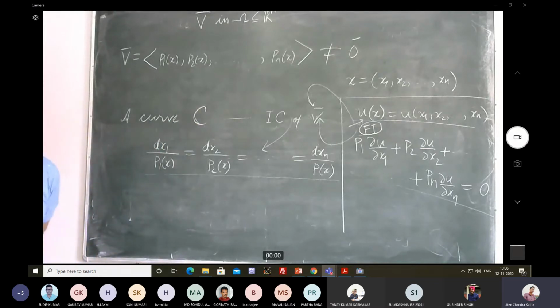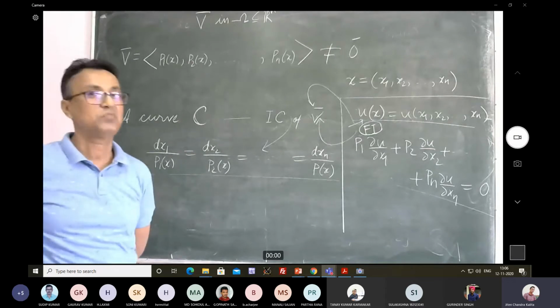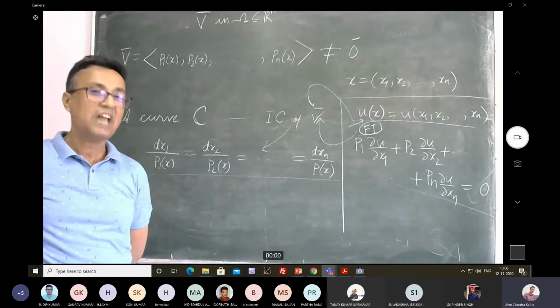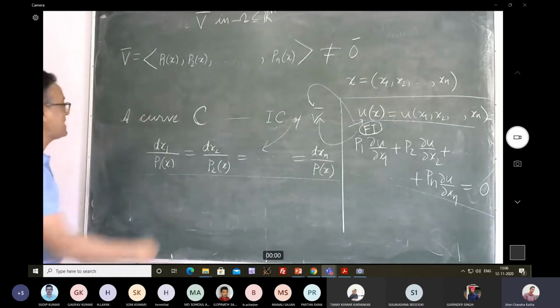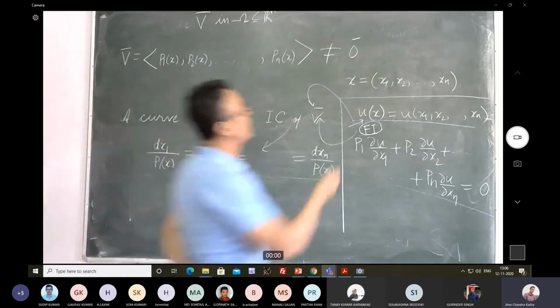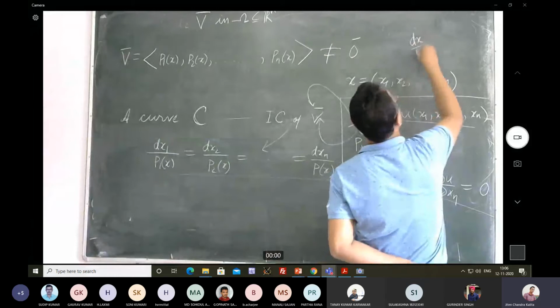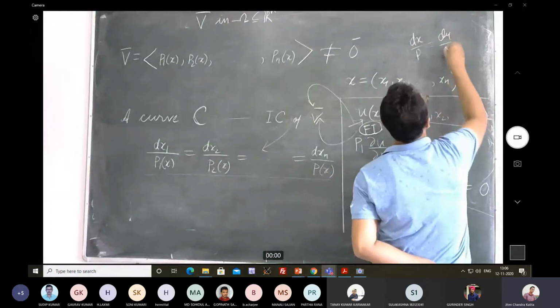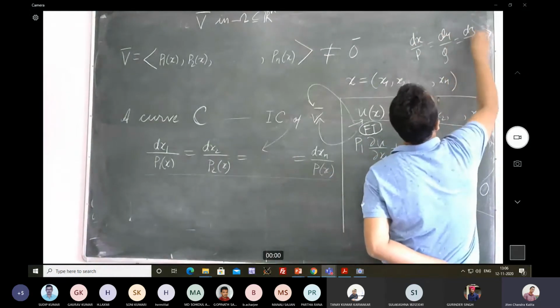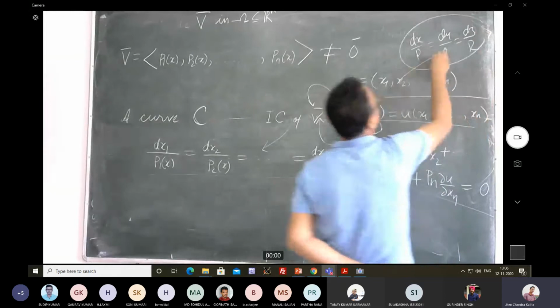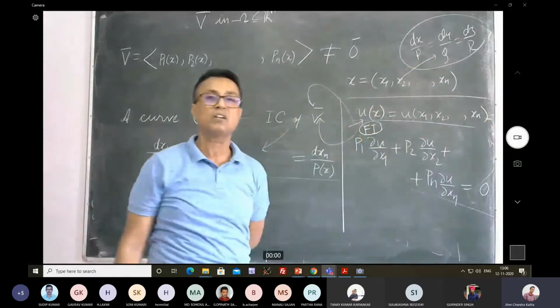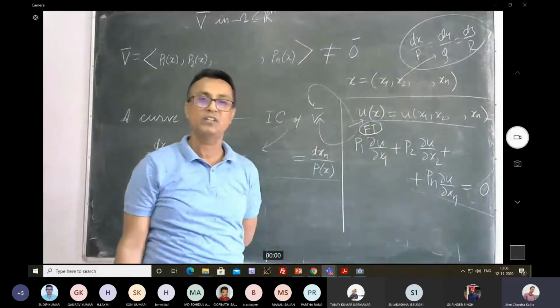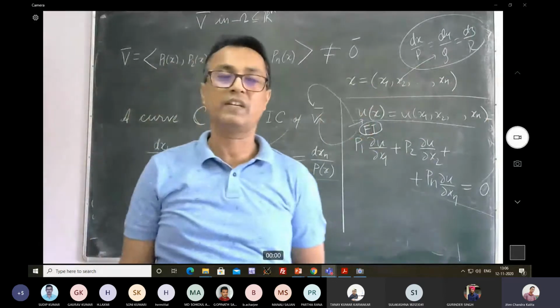We already had a theorem for a function of 3 variables. Let me get back to this so that your confusions are not there. If by solving this I want to find an integral curve for v, what did we do? We found two first integrals, isn't it?